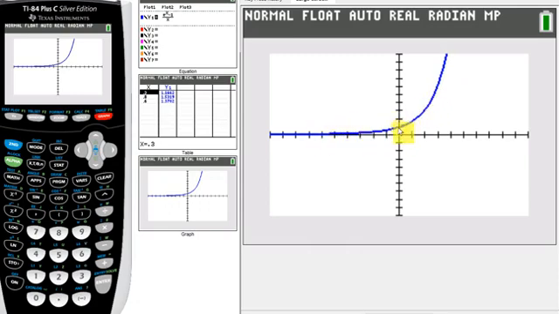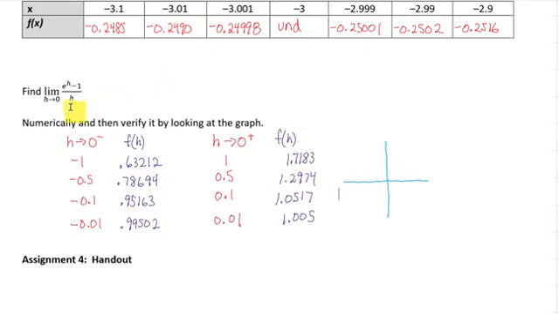Now, it looks like we have the full graph here, but if you were to actually try and plug in 0 here again, you would find out, and you can go back and look at your graph or your equation, you cannot plug in 0 to the bottom of that equation. You end up with a problem here. If you plug in 0 to the top, you get e to the 0 minus 1, and since e to the 0 is 1, that's 1 minus 1, so you get 0 on top.